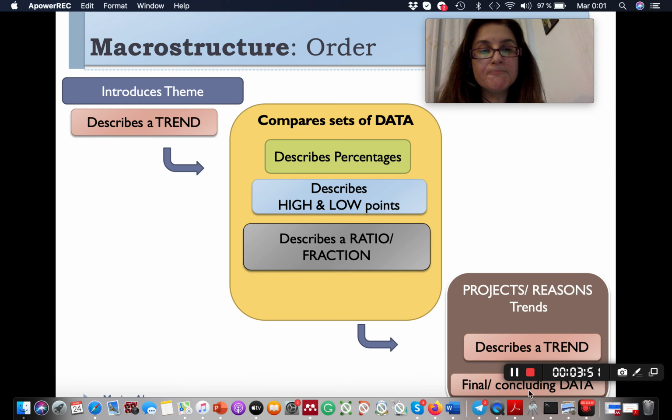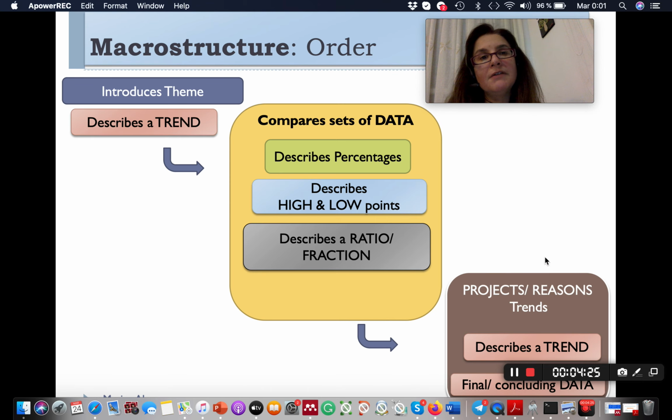And at the end, we close that. And how do we close? We can get back to the trend. So in a way, what we do is summarize what we have already said, or we go to a final and concluding point, talking about, for example, the projection, the future, where you expect this data to behave in the future. So that's another way of closing this paragraph: summarizing or talking about the future.